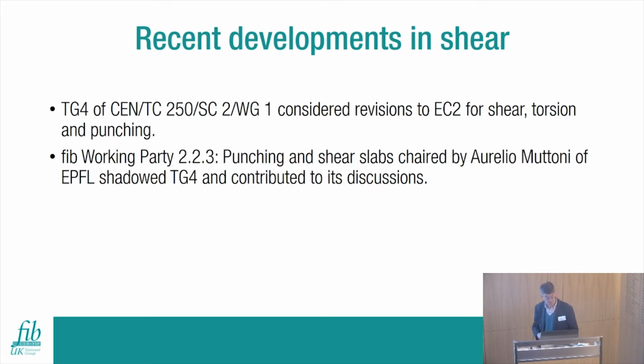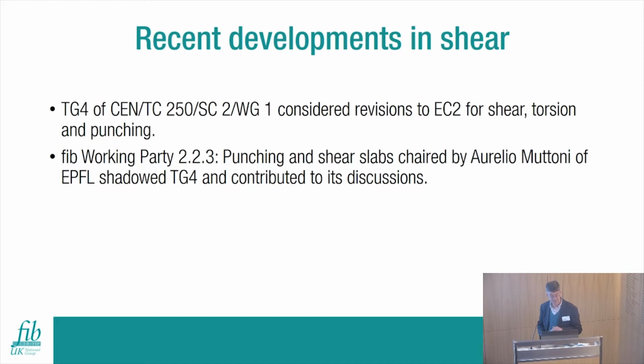And TG4 was shadowed by FIB Working Party 2.2.3, punching and shear in slabs, chaired by Aurelio Muttoni, who's also chair of the project team for the revision to the Eurocode. So quite a lot of overlap in membership between those two committees.